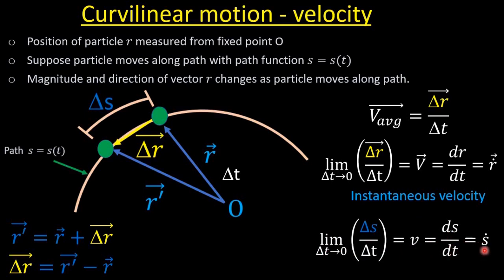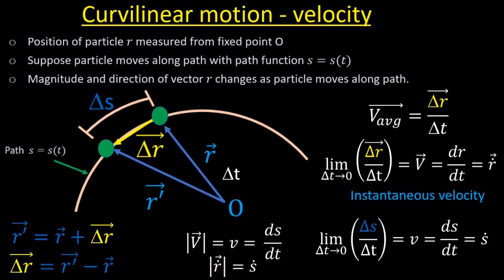So s dot is just the time rate of change of distance along the curve, and r dot is the time rate of change of the vector position of the particle. What we can draw from this is that the magnitude of big V is equal to small v, and that is going to be equal to ds by dt. And we can also say the magnitude of r dot is equal to s dot.